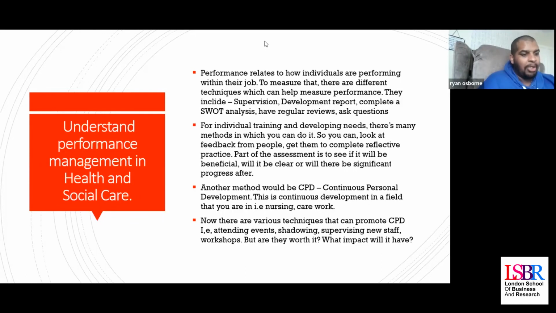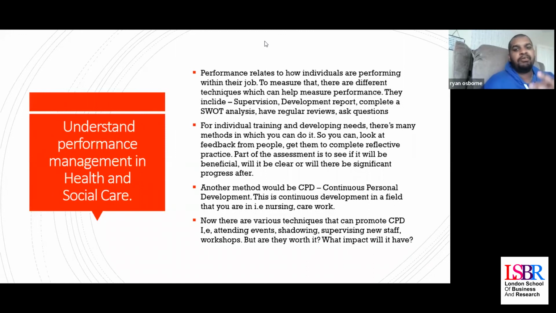You can really get them to look at the job and to look at how they perform. So you're basically getting the individual to look at their performance and their practice and getting them to review themselves. Now, that is a very important key part of performance management. The reason being that when the individual comes to you and they complete reflective practice, you can now see, okay, they want to develop in communication skills, or this is how they feel they have done, or this is how they feel they can work better.